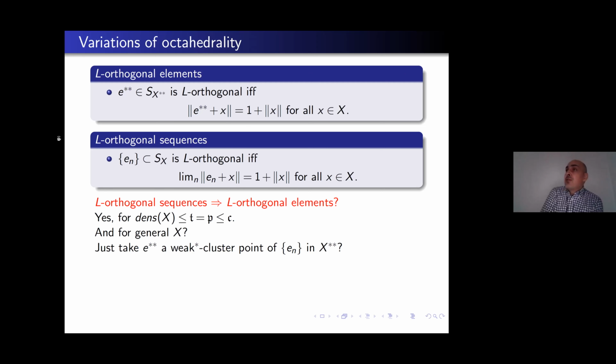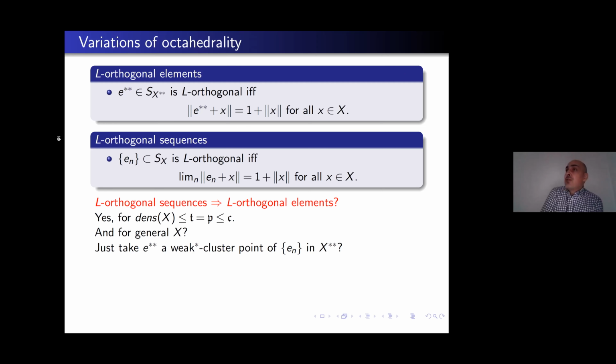So let me remind the notions of filter and ideal. This is something probably well known for most of you. An ideal is a family of subsets of, it could be any set, but let's think of the natural numbers, that is closed under finite unions and subsets. You may think that an ideal is a family of sets that we may call small sets.